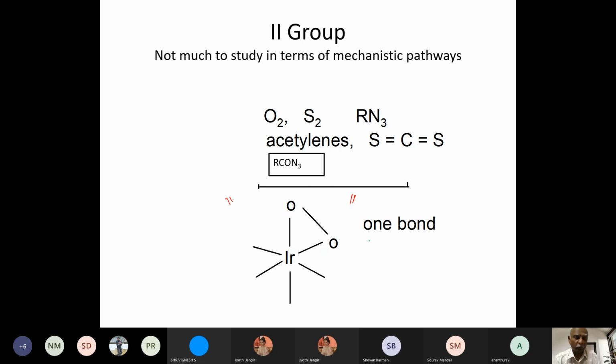One of them is the fact that the second group, which I labeled as those molecules which have multiple bonds between the addenda. So two oxygen atoms are adding. So there is a double bond between the two oxygen atoms.